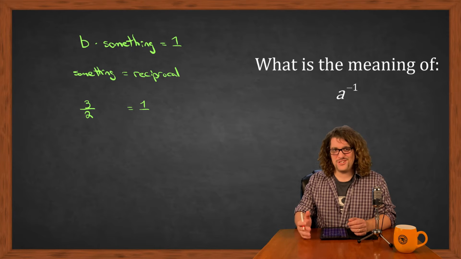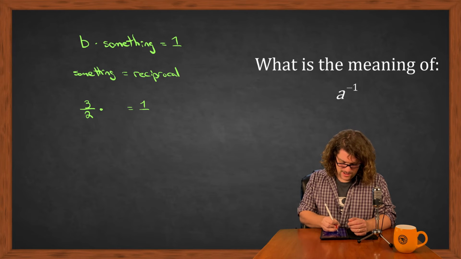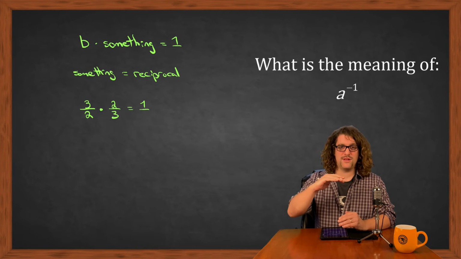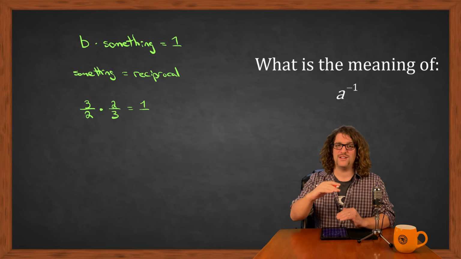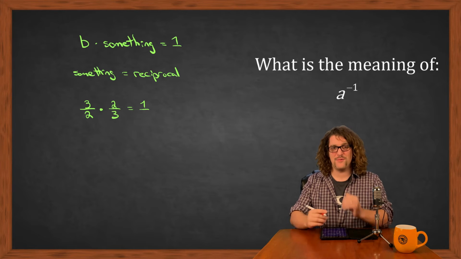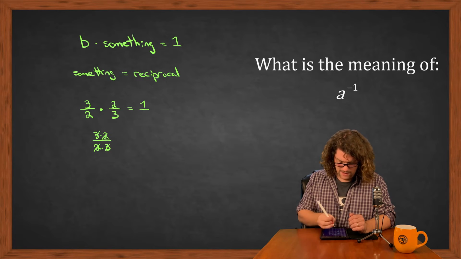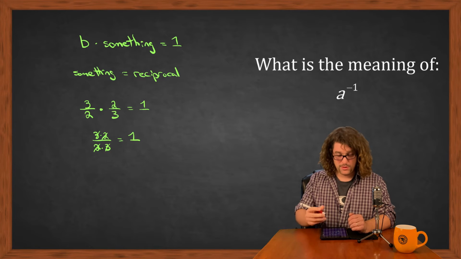Well, it just so happens that if you take the fraction and you flip it top over bottom, so instead of being a 3 in the numerator and a 2 in the denominator, it's a 2 in the numerator and a 3 in the denominator. If you do that, you get factors of 3 and 2 up top and factors of 3 and 2 down bottom. They cancel everything out, which just leaves you with a 1.